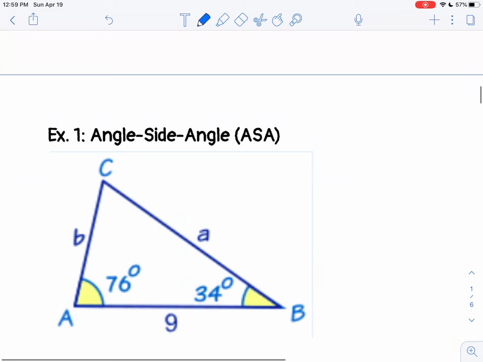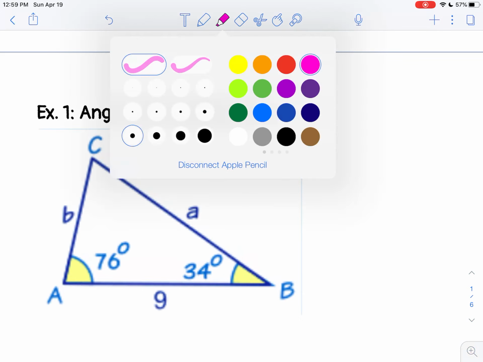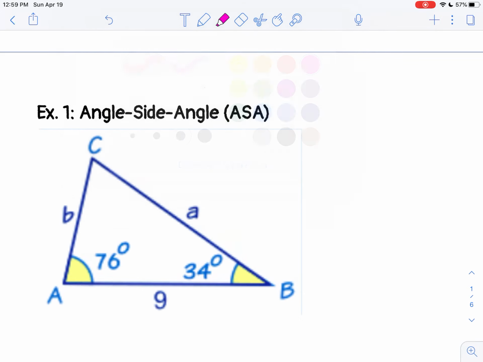So, example 1, we have angle, side, angle, okay? So we're going to classify our examples into different cases, what kind of information is given in the triangle, and the direction for all of these is to go ahead and solve, which means we're going to find all the sides and all the angles, all right? So why would I call this one an angle, side, angle?